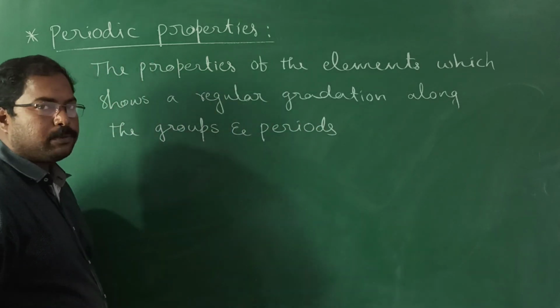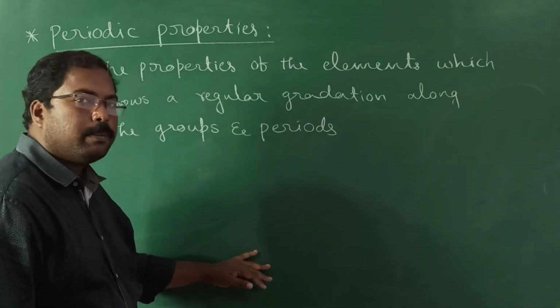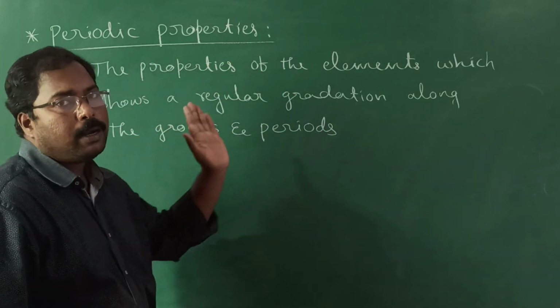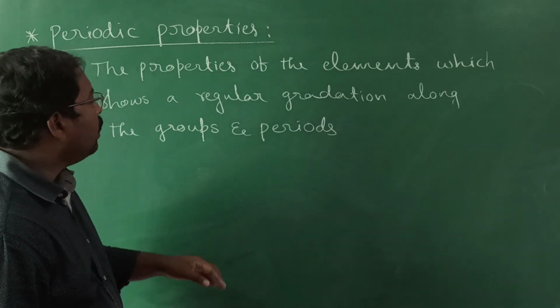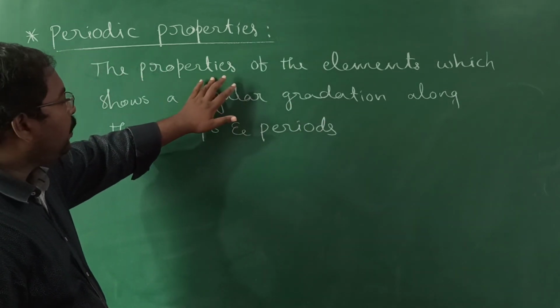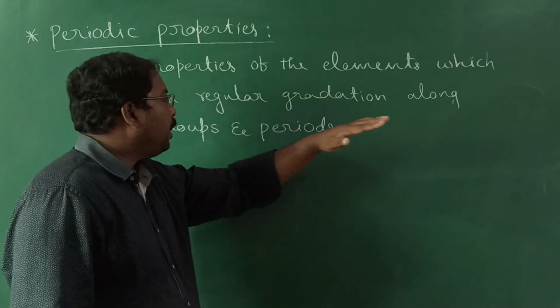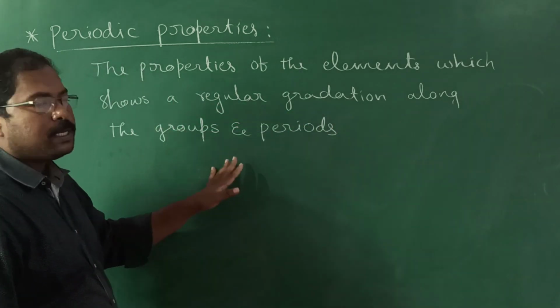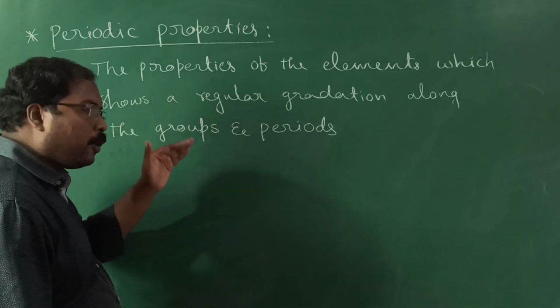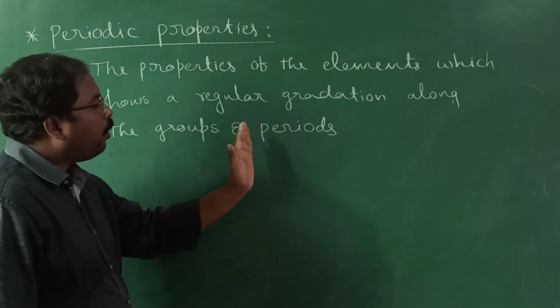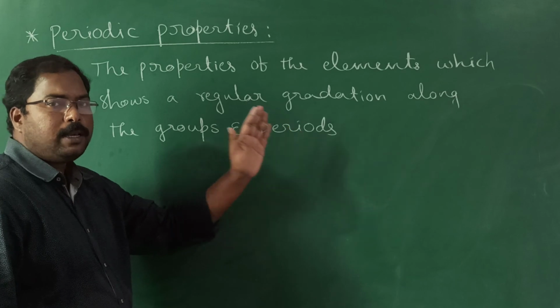In groups, we observe from top to bottom. In periods, we observe from left to right. These properties of the elements show a regular change, a regular gradation, along the top to bottom of the groups and along the left to right of the periods.